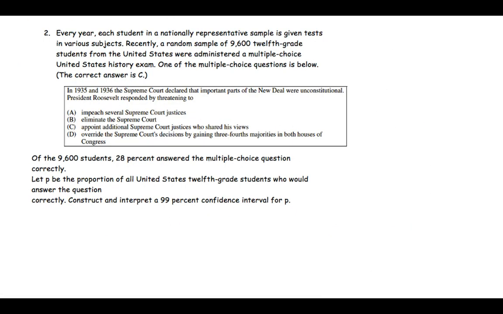And then finally for this one, to construct your 99% confidence interval, we do need to make sure that our conditions are met. So here it told us that we have a random sample. And then we also have to check the n times p hat and n times 1 minus p hat are both at least 10. So it said 26% answered correctly. So I have 9,600 times 0.28.